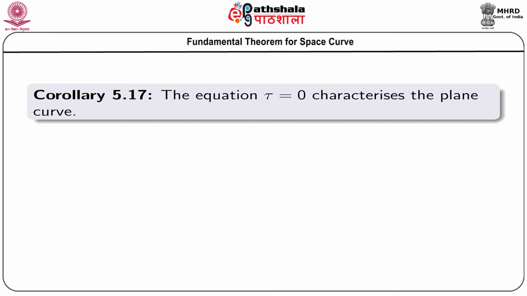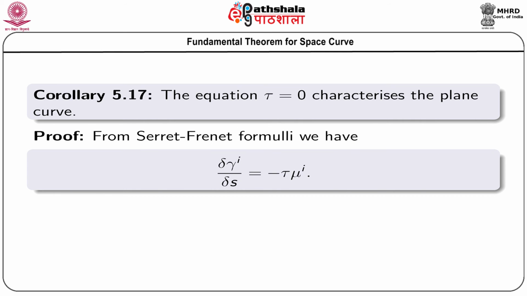Now, for that theorem, we can have a corollary that the equation tau equal to 0 characterizes the plane curve. That means, if the torsion is 0, then the curve is a plane curve. We know from Serret-Frenet formulae that del gamma I del s equals minus tau mu y.